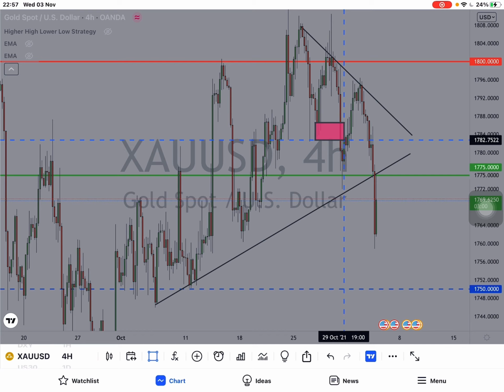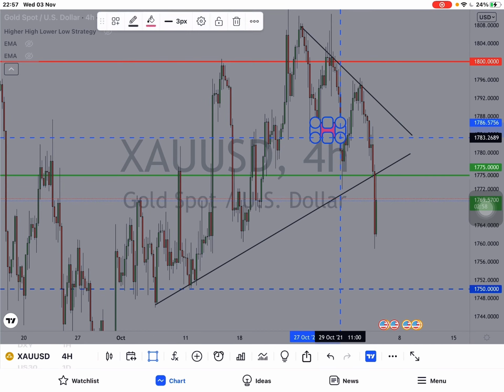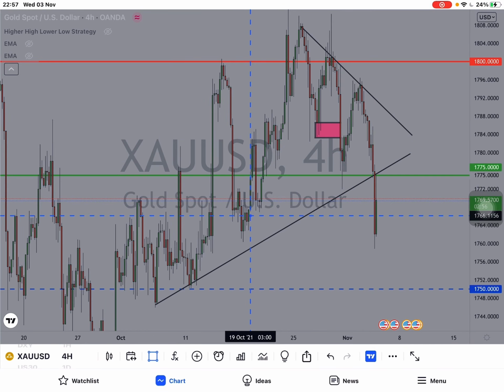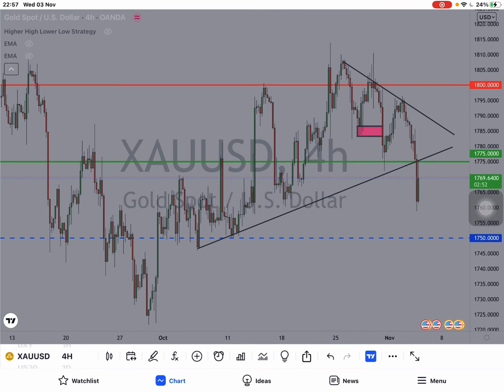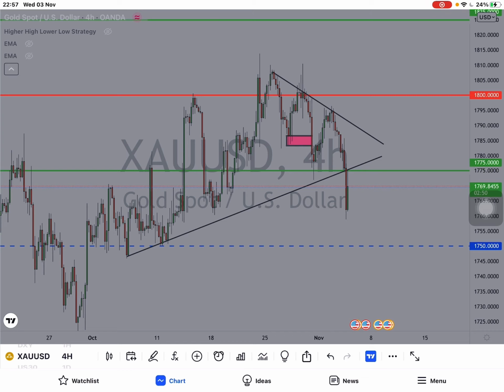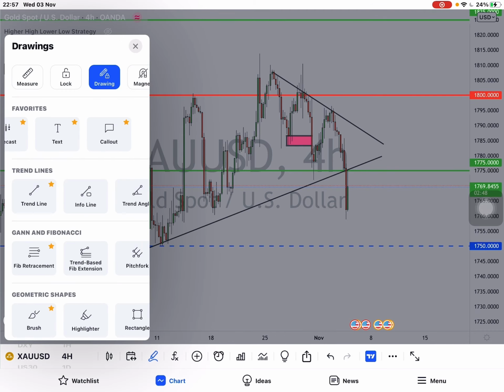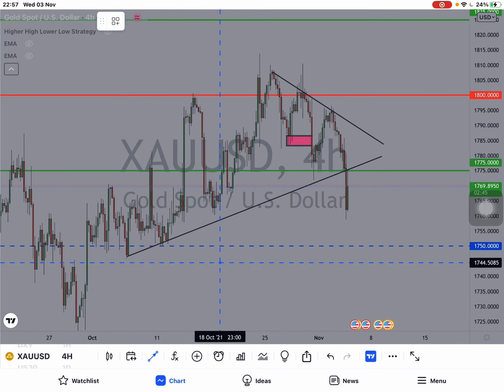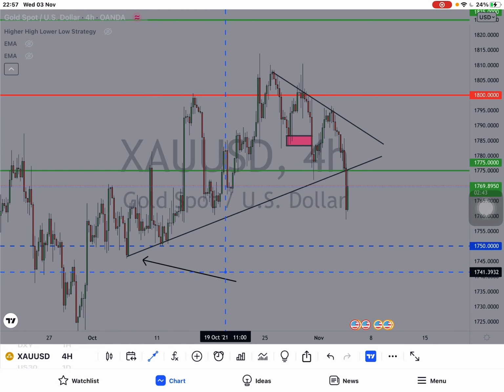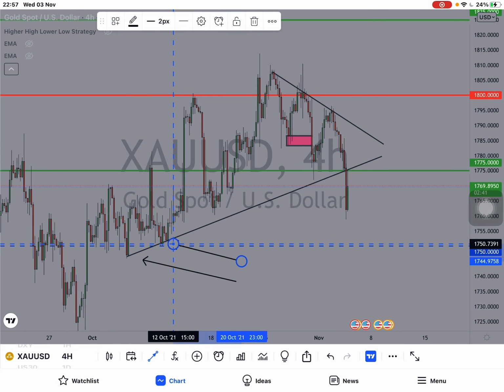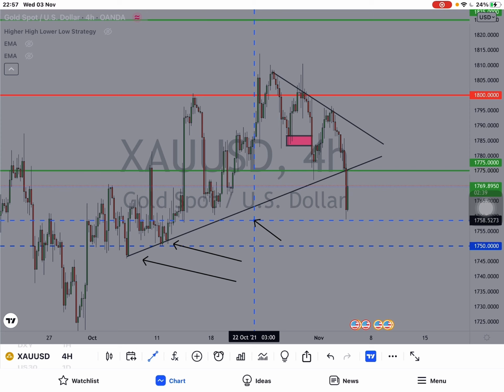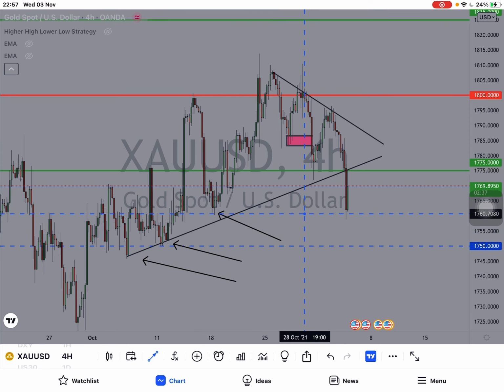First of all, we have a lower high formation over there. The reason why it's a lower high is because we came from a low point, and from that low point we're ascending in an ascending channel, so to speak.